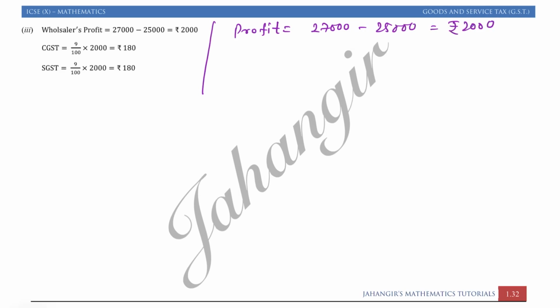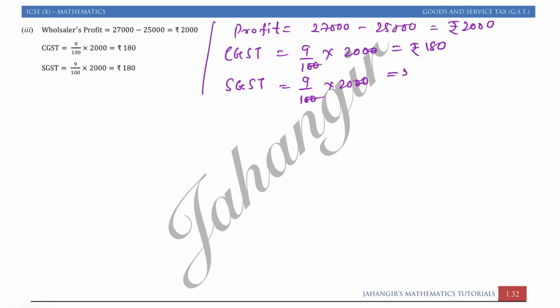Profit is rupees 2,000. So CGST will be 9% of 2,000. So 9 2s are rupees 180. SGST is again 9% of 2,000, that is equal to rupees 180. So CGST and SGST paid by the wholesaler is rupees 180 each.